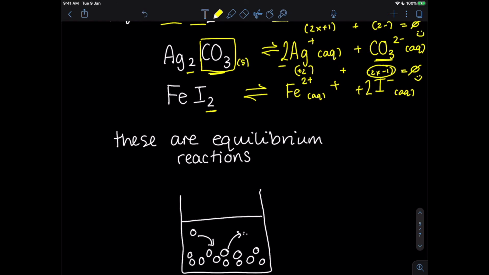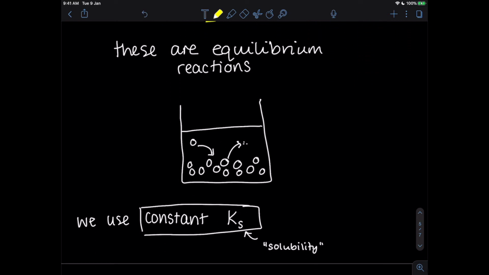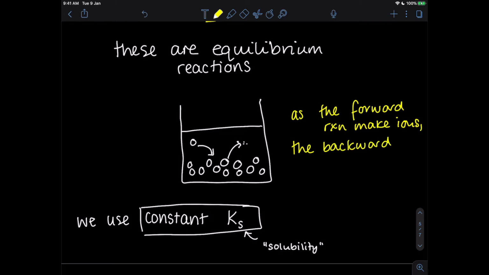No leftover charges. So a reminder that these are equilibrium reactions. So as the forward reaction makes ions, the backward reaction is forming solid.